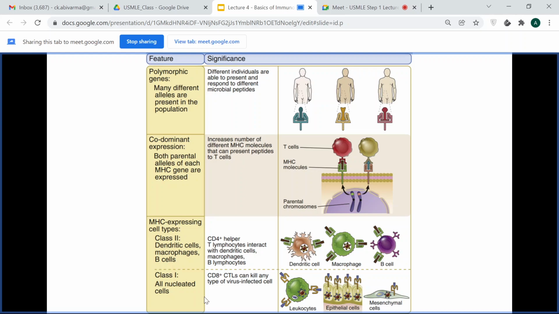So cytotoxic means they are toxic to the cell. The cell that they recognize this antigen on, this MHC class 1, what happens is it would cause cellular death to that particular cell. So you can imagine what type of pathogens CD8 positive T cells would be trying to kill. It would mostly be intracellular pathogens.